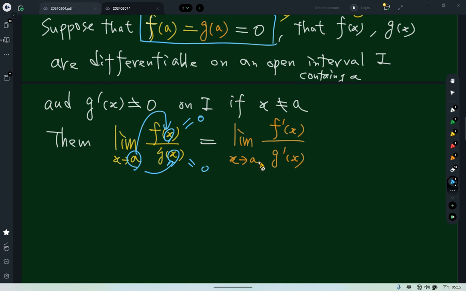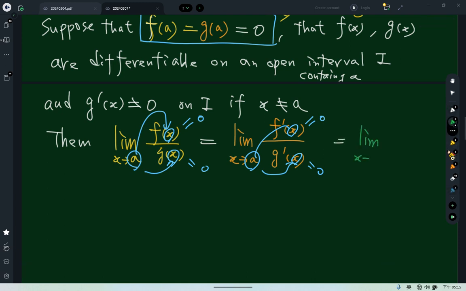If this part is continuously differentiable, and when you use a to replace x it is still 0 over 0, then you can continue to differentiate.